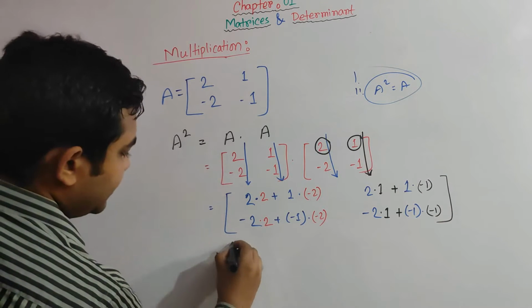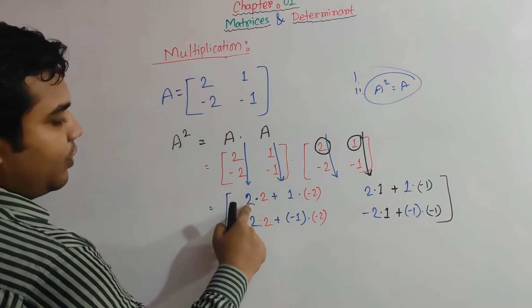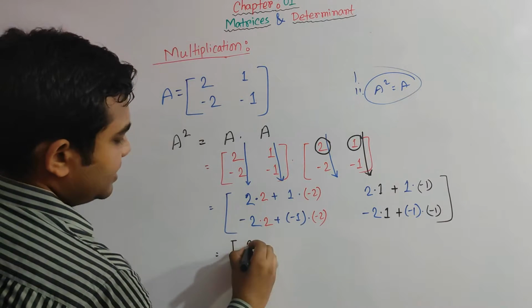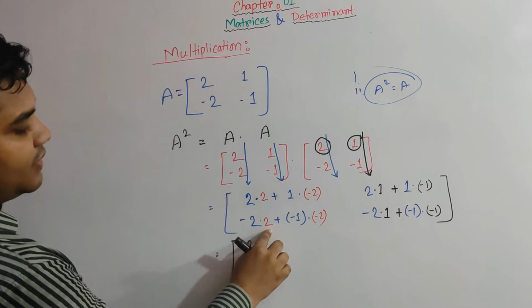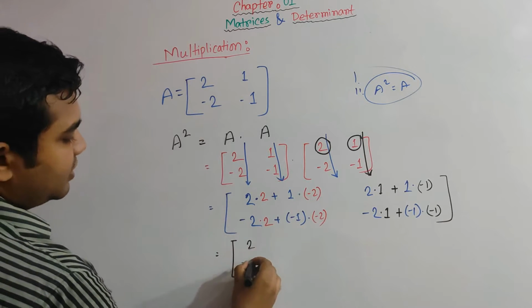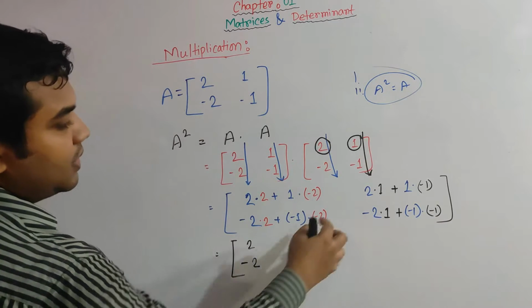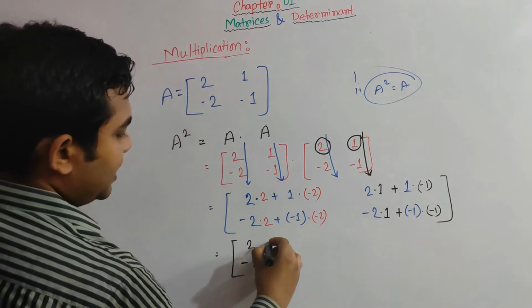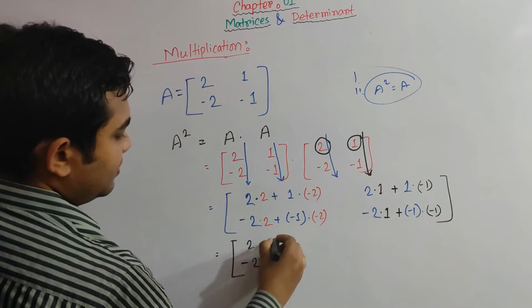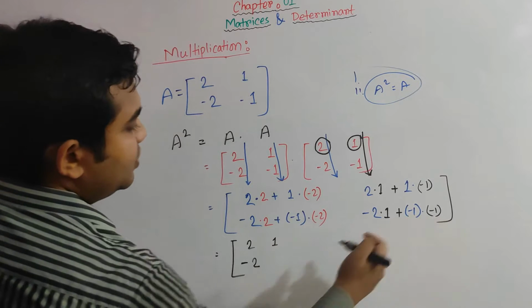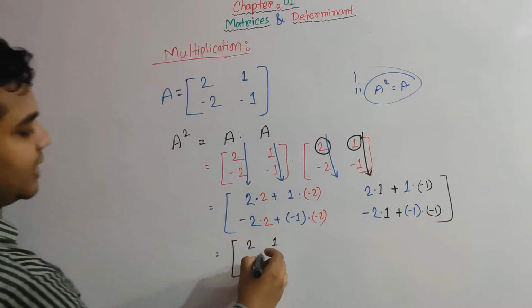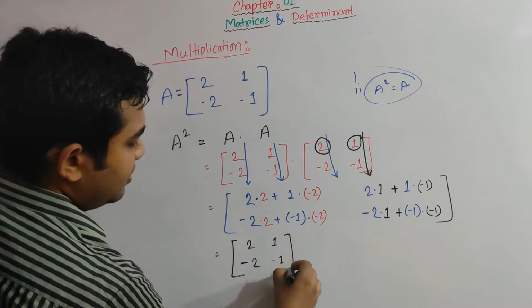If we calculate, 2 into 2 is 4, minus 2, that is 2. 2 into 2 is 4, and plus 2, it should be minus 2. 2 into 1 is 2, minus 1, that is 1, and minus 2 and minus 2 and plus 1, that is minus 1.